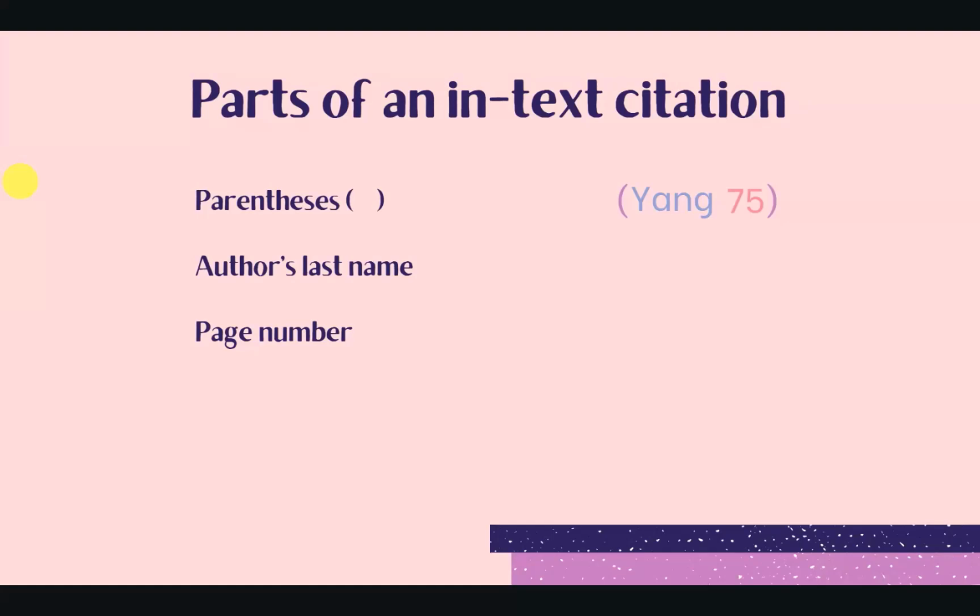That's how you write an in-text citation, and it only has those three parts. Again, open and close your parentheses, the author's last name, and the page number. And that is it. The problems that I have seen in class do not relate to this. For the most part, most of you have been getting this correct. It's the next part that you need to work on.